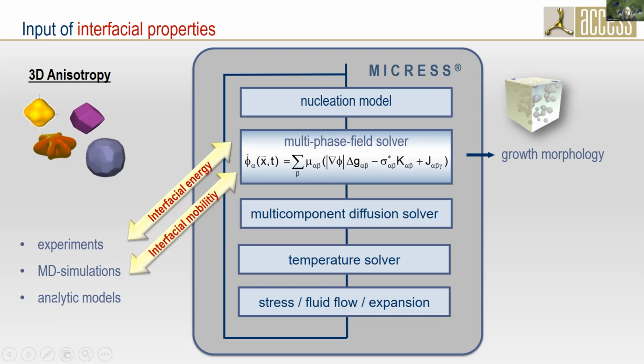Another problem is that they are usually just scalar values, but in 3D simulation, we need 3D anisotropy functions because the crystal lattice is usually not isotropic, such that the interfacial energies and the mobilities are not isotropic. In the following applications, I would like to have a special focus on how these could be defined and what the problem of getting this data is.